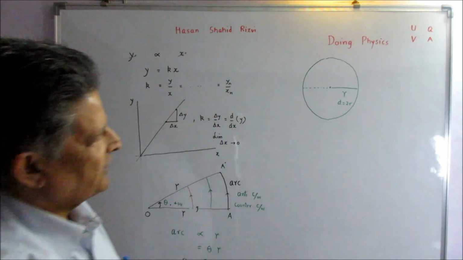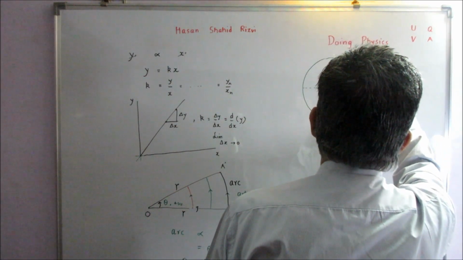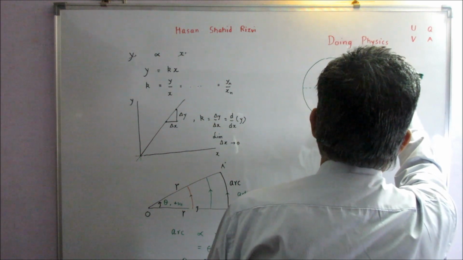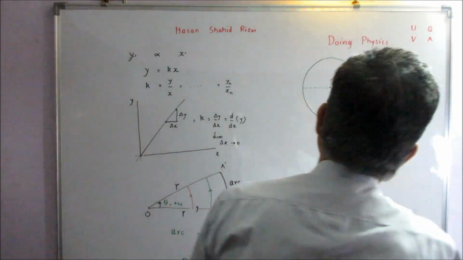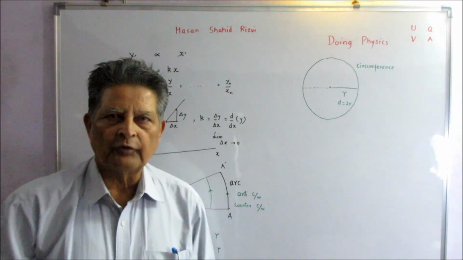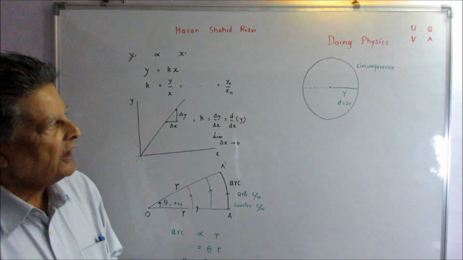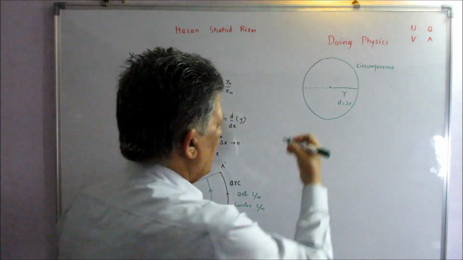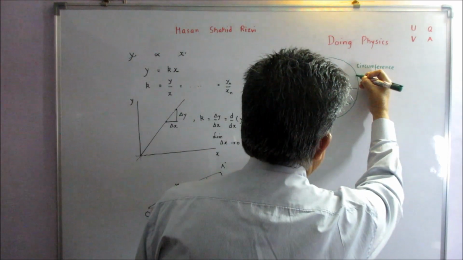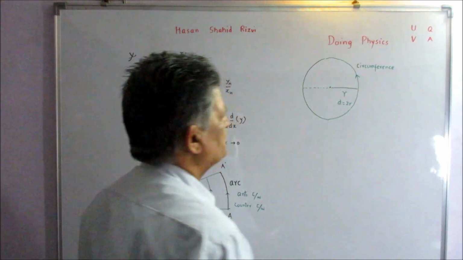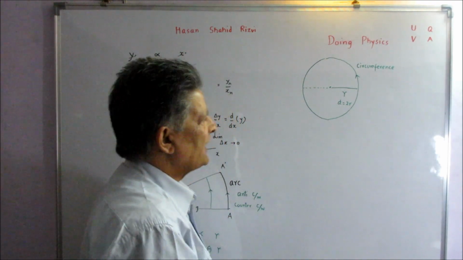Then I can say that this is the circumference, and we can measure the circumference in terms of the unit of length, as also the diameter in terms of the unit of length. Then the diameter and the circumference are related by very simple proportionality.